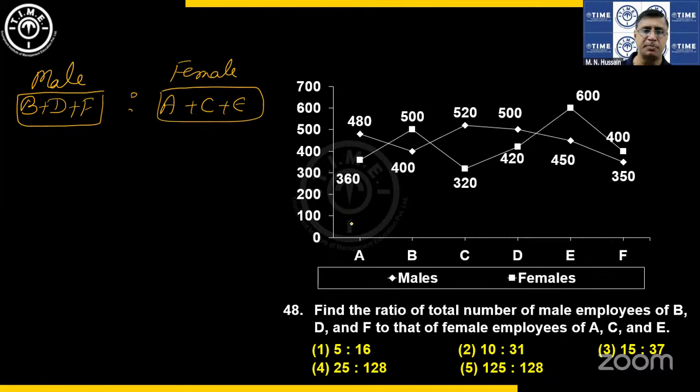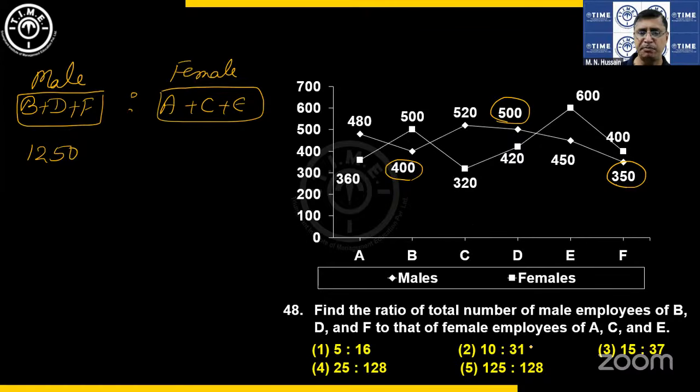Let me check with the male values. How many are male here? B, D, and F. 500 plus 400, 900. 900 plus 350, that is 1,250. 1,250 is the male employees of BDF.